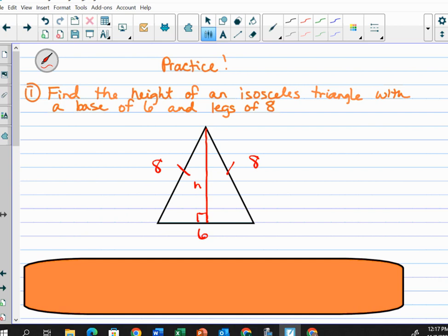Okay, minus 3. Wait, 55. Yeah. Yes? What's root 55? Root 55 is 6. Never mind.